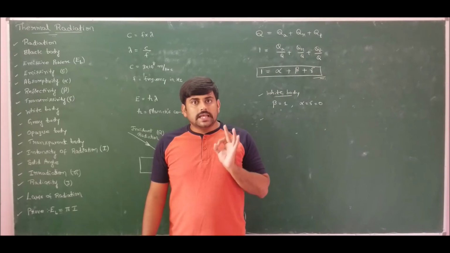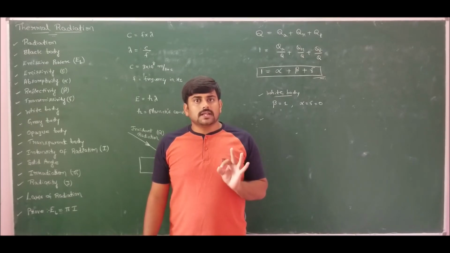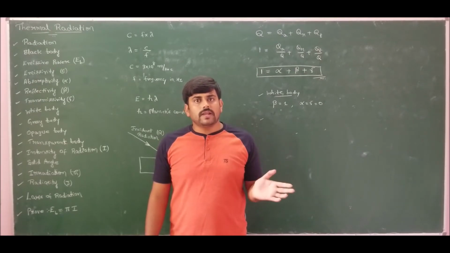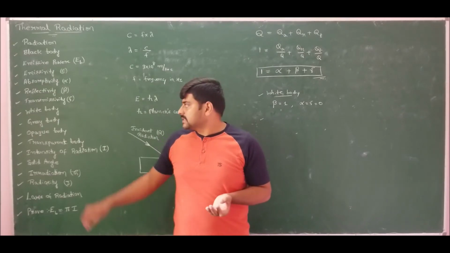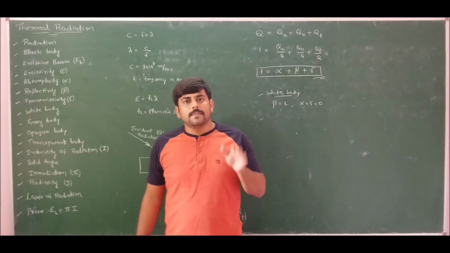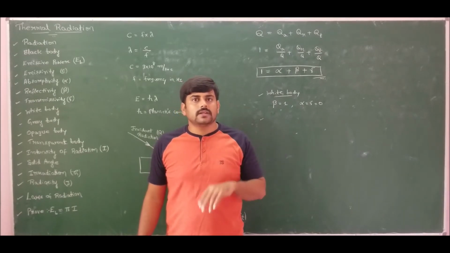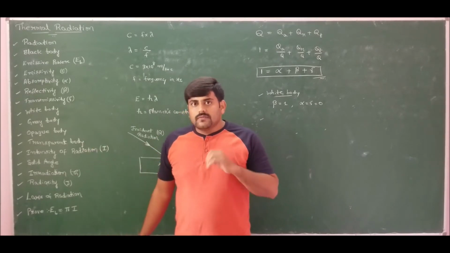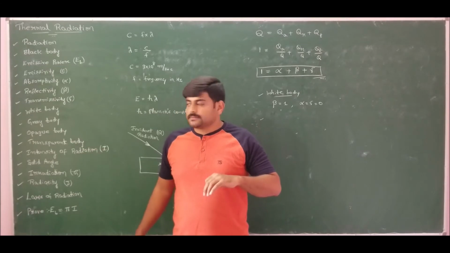If the emissivity of a non-black body is constant for all temperatures throughout for all ranges of wavelength, then it is termed as a gray body. All real bodies are approximated as gray bodies, for which we treat the emissivity as constant for all temperatures for the entire given range of wavelength. So the gray body is very important for us because we approximate all the real bodies as gray bodies.